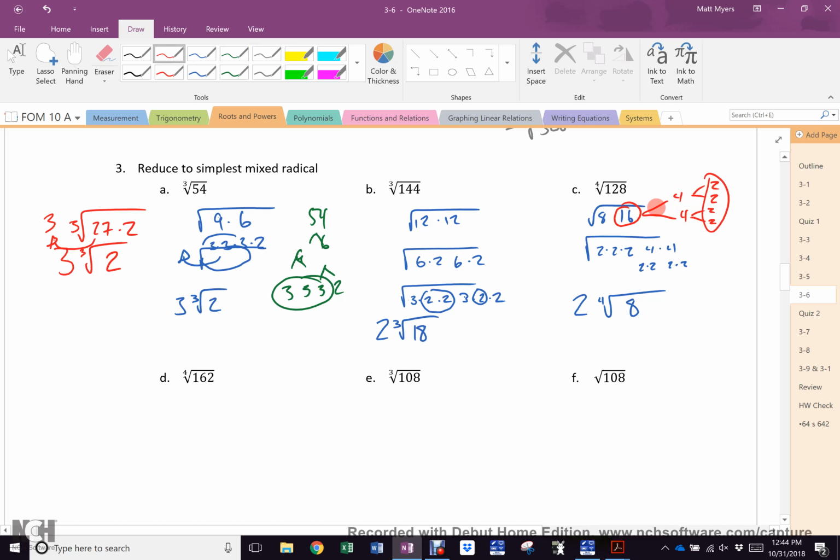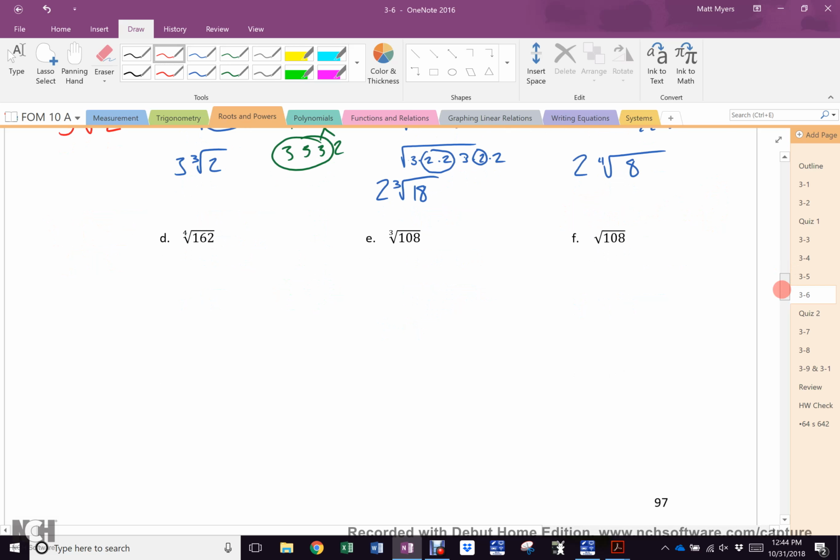If I notice that has a 4th root, could I have stopped right there? Yes, because I could have brought the 2 out there, and I would have left the 8. Is everybody good? Yeah? Everyone's good? Okay. I don't think you're lying yet.